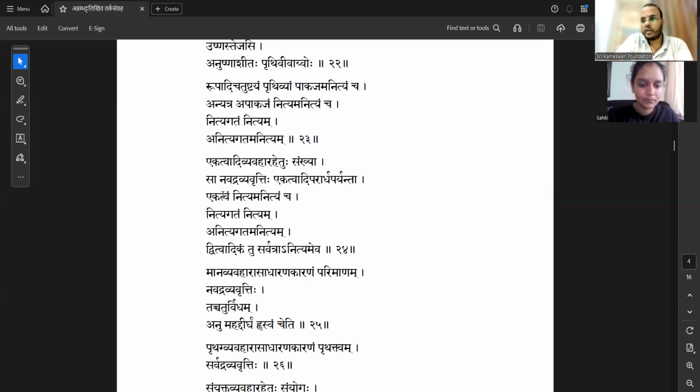So it's talking about number. Similar to the gunas such as dik and kala, here also this definition of number is based on the kind of utility that it has. So how does number help us?